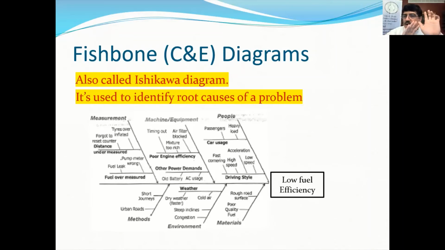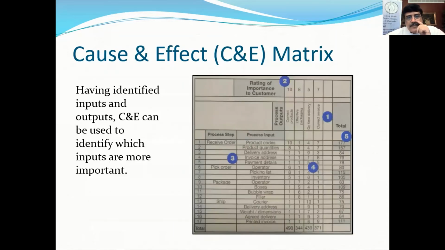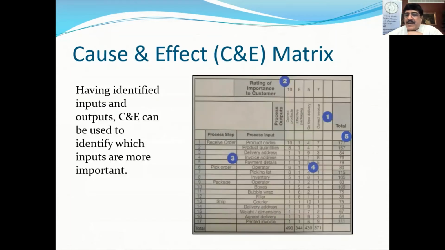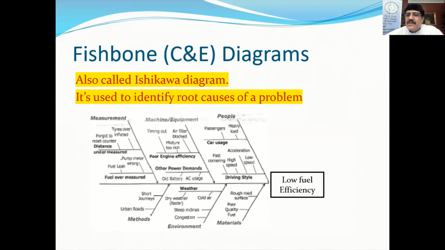They cannot go outside this. This diagram is named after Mr. Ishikawa. So this is a cause and effect diagram, but there is also something called a cause and effect matrix. A cause and effect matrix is different from a cause and effect diagram.